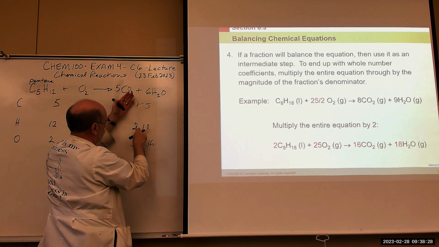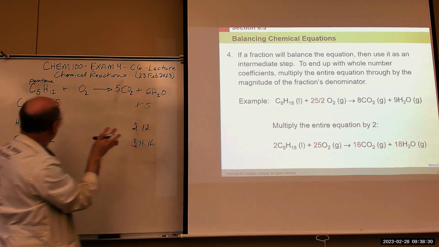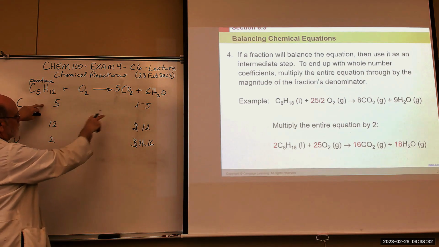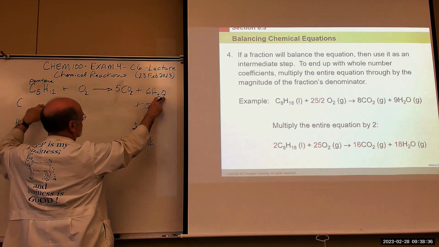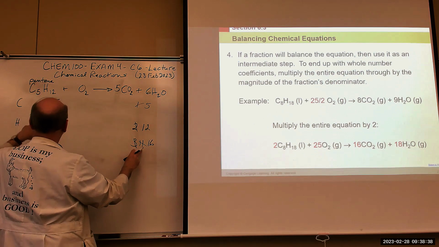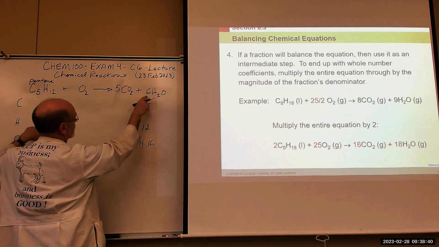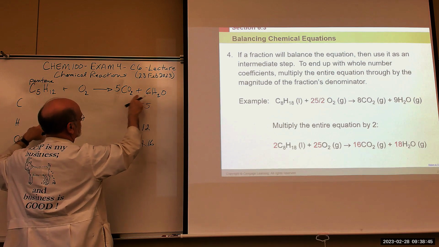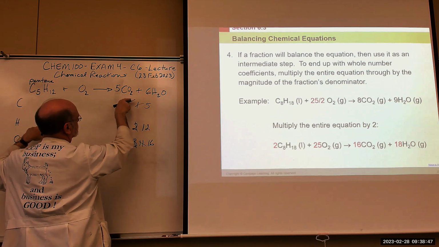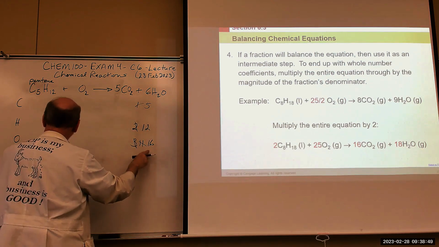That's 1, 2, 3, 4, 5, 6. Okay, so I got started right. Now 5 carbons. Yep, 5 carbons. That gives us 10, 11 oxygens to begin with. And now I need 12 hydrogens. So I do 6 there. That makes 12 hydrogens, but it makes 6 plus 10 is 16. Okay, we're good there.